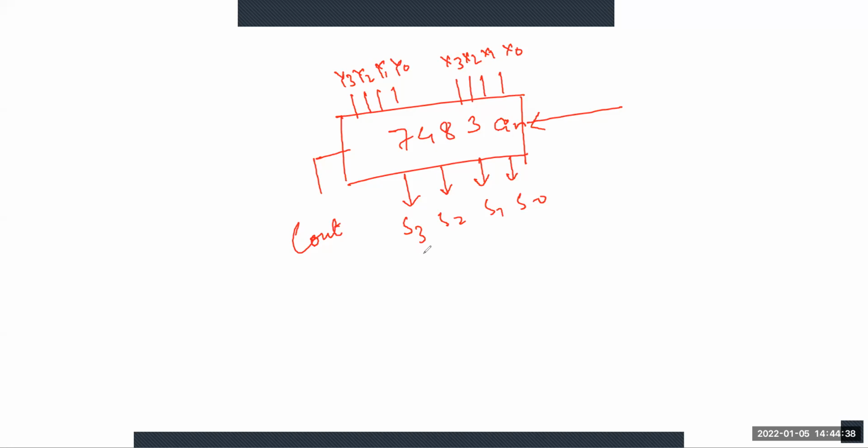Now two or more parallel adder blocks can be connected in cascade to perform the addition operation on larger binary numbers.